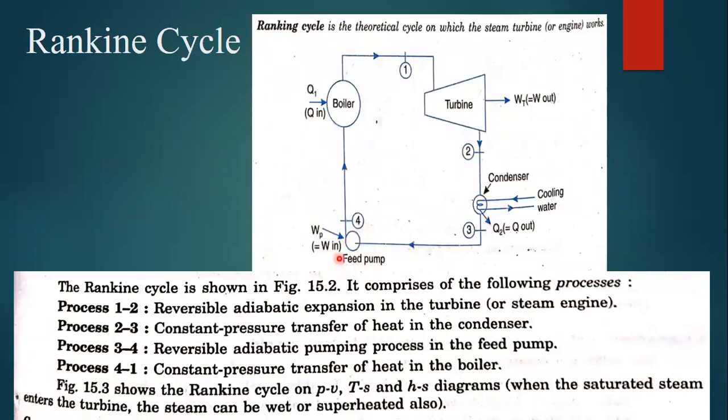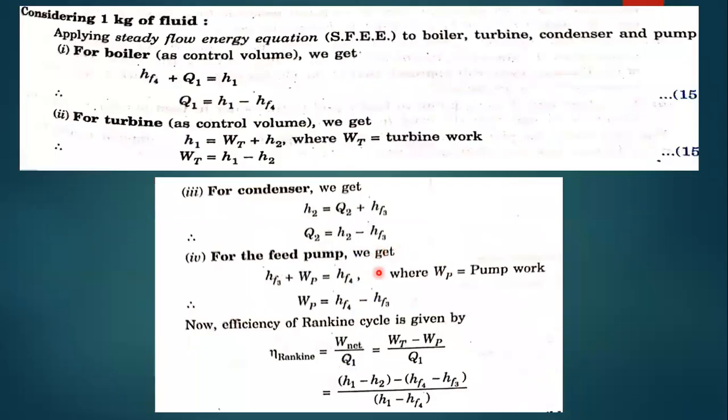Now what is the pump work or work input? Since we are taking HF3 from LHS to RHS, it will become negative, so WP, or pump work, is equal to HF4 minus HF3.